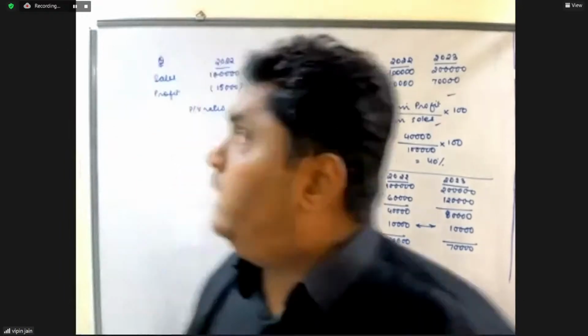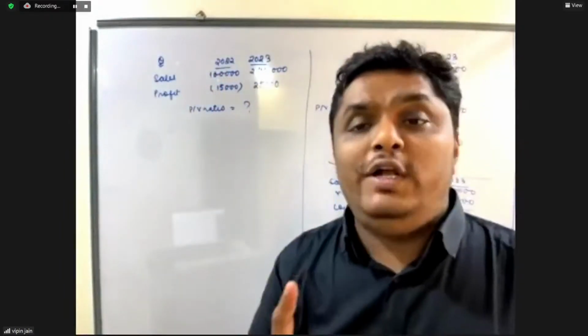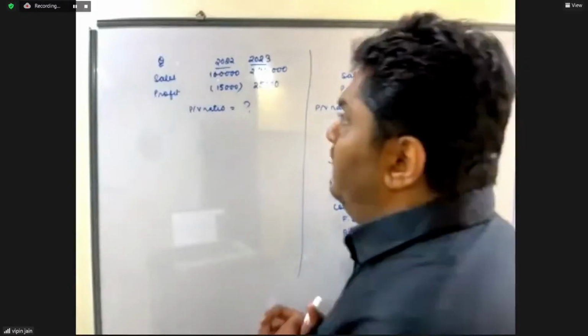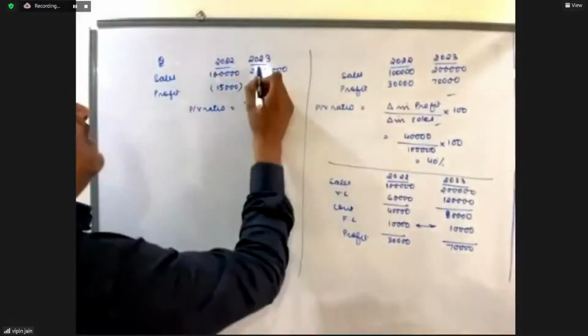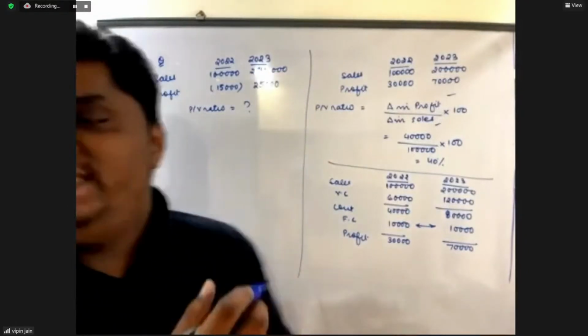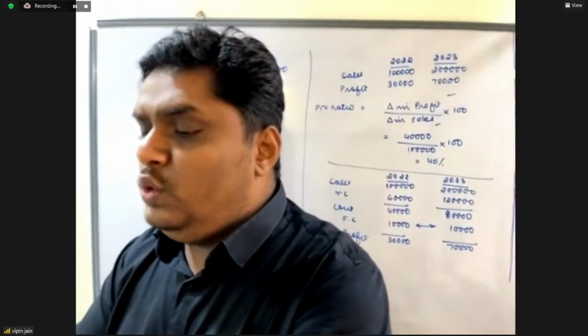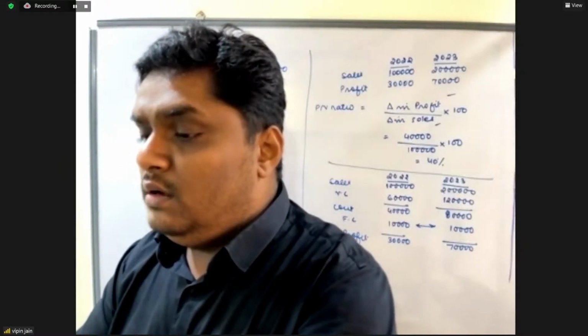The sales in 2022 is 1 lakh and in 2023 it is 2,40,000, not 2 lakh. It is 2,40,000.